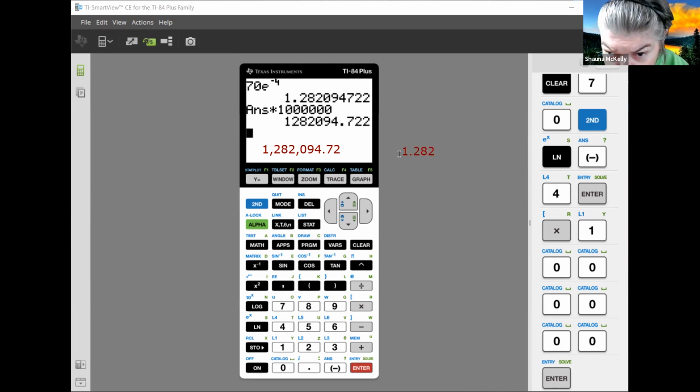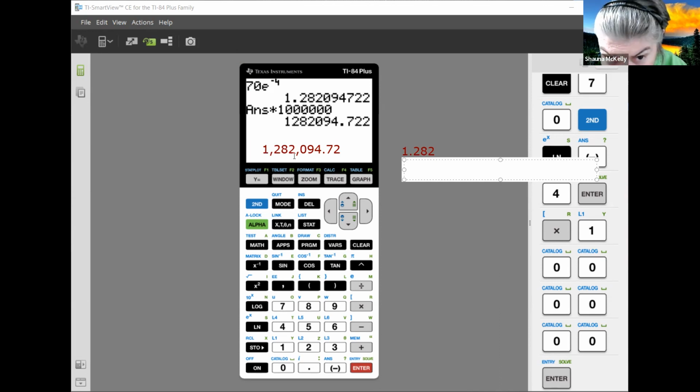But this is million, okay? This is not dollars. So in dollars, this is what you see written below. So what you want to put in there, we want to round it to the nearest 1,000. So we put in 1,282,000 without the commas for Pearson. So 1,282 and then 3 zeros.